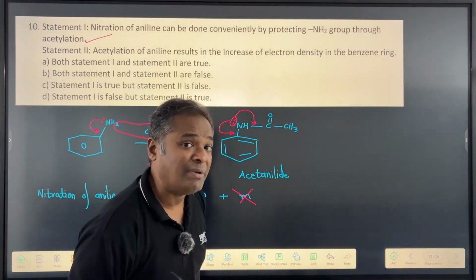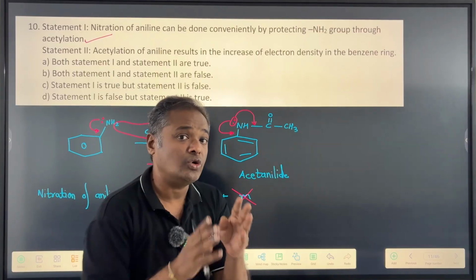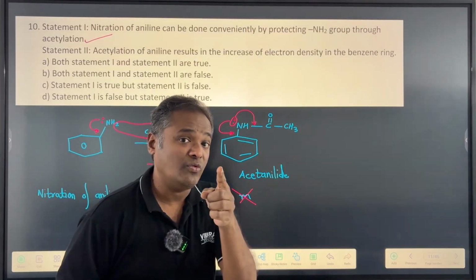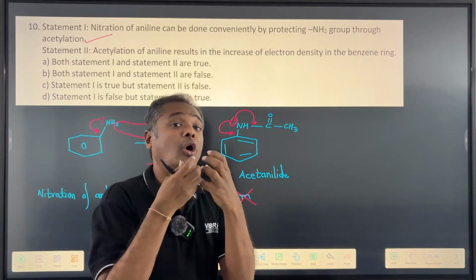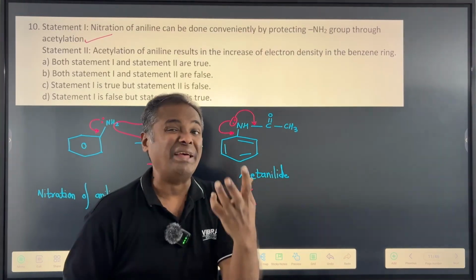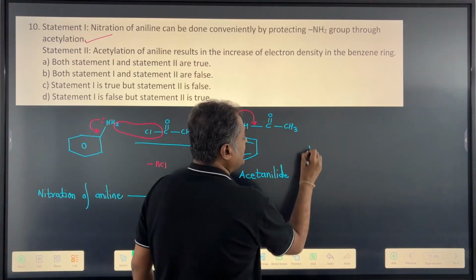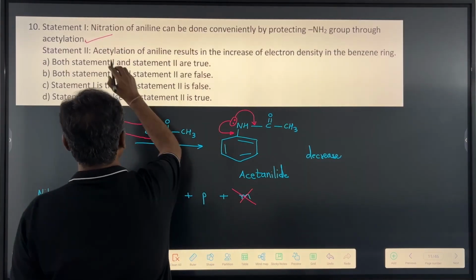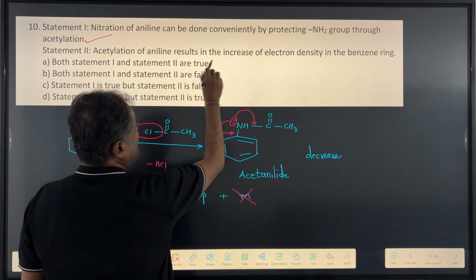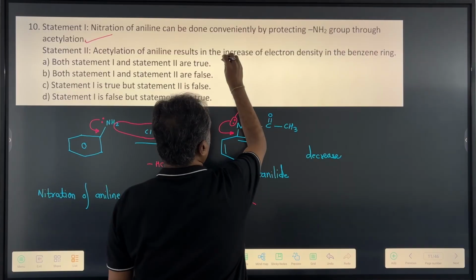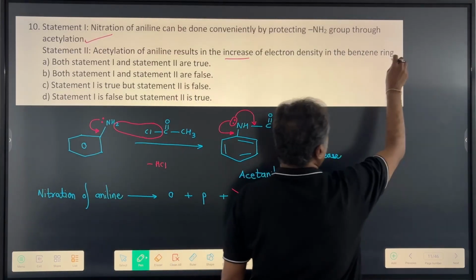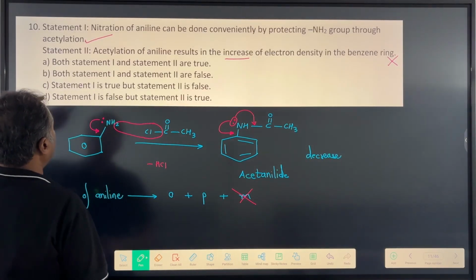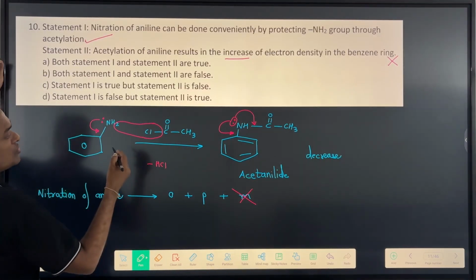So this lone pair has to do 2 resonance stabilizations, one to the carbonyl and one to the benzene, due to which the resonance towards the benzene ring will decrease. That means statement number 2 should say that acetylation of aniline results in decrease, but they have given increase, so this statement is incorrect. So statement number 1 is correct and statement number 2 is incorrect.